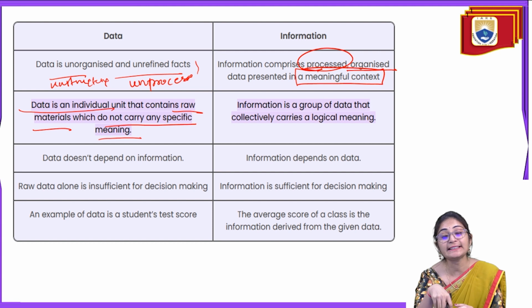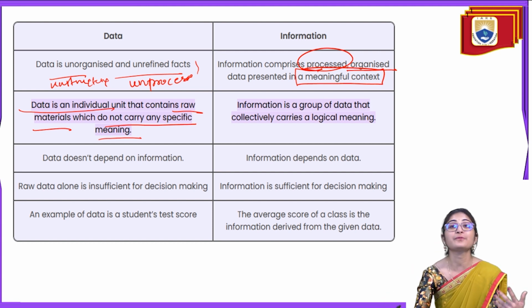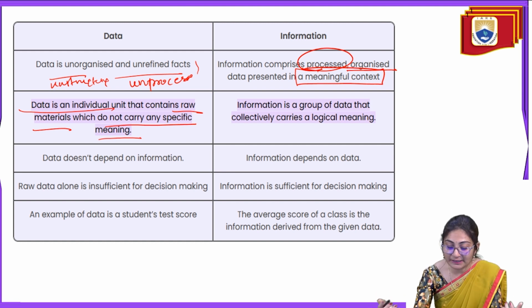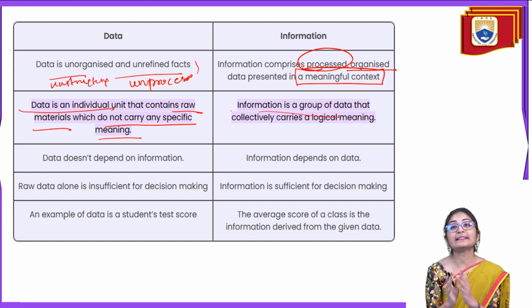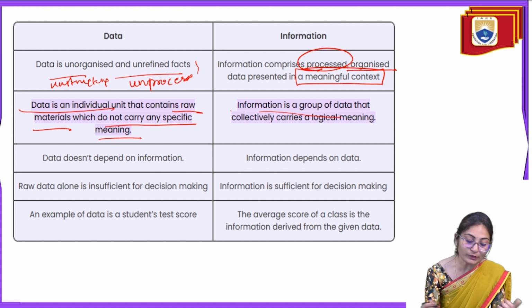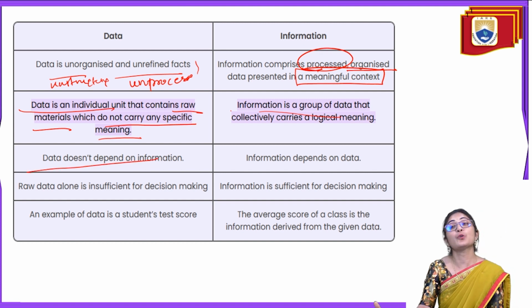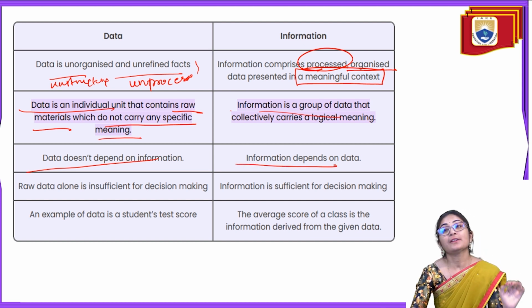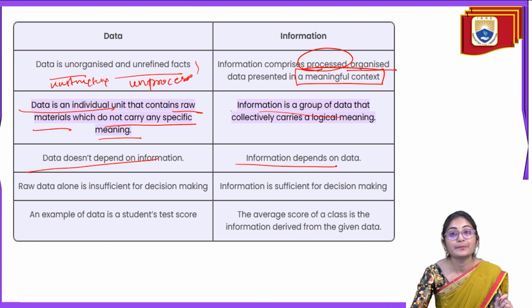Whatever data you have collected from various sources has no meaning by itself. But if you collect information, in the group of the data, that will carry a logical meaning. So data doesn't depend on any information. But keep in mind, information depends on data.